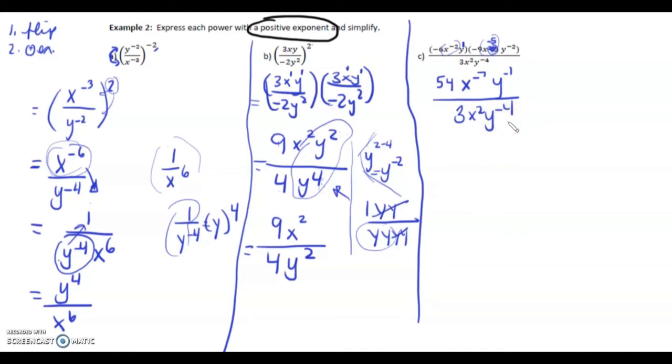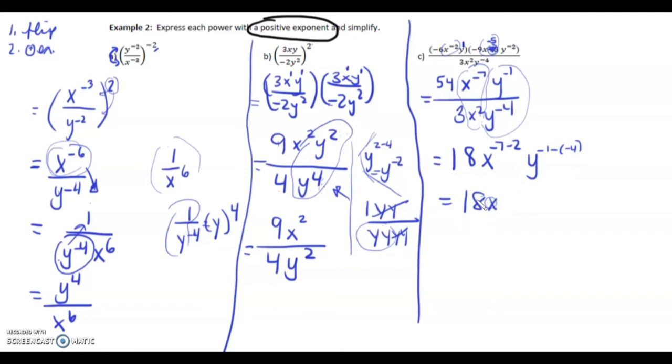So let's divide this. 54 divided by 3, I get 18. Okay, now these exponents are a little ugly, so why don't we just go -7 minus 2. We'll do numerator minus the denominator and then worry about where it goes afterward. Okay, and then for the y's, -1 minus -4.